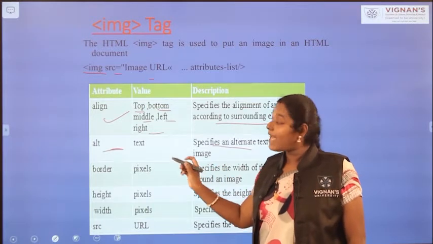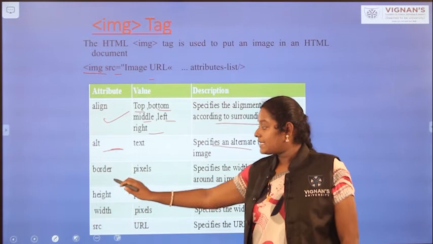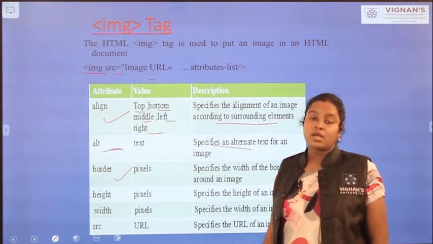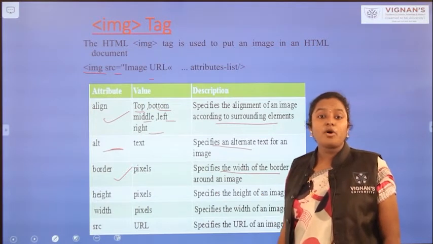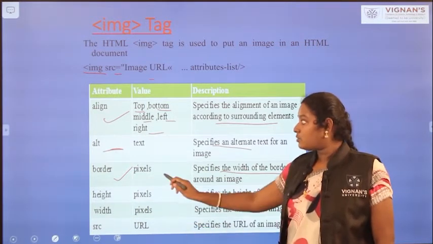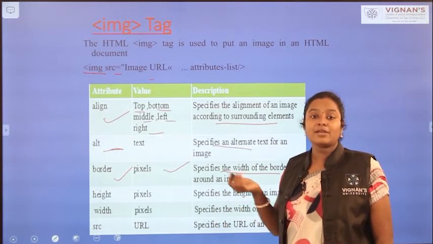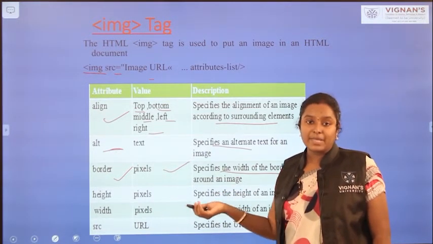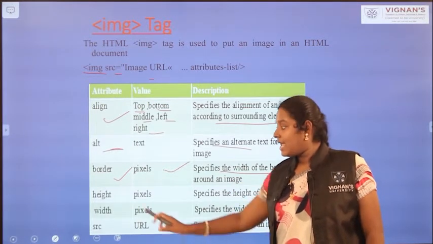For that I use ALT, an alternate. Next one is the border attribute. Its purpose is to specify the width of the border of an image. The value for the border is some pixels, like 250 pixels, 350 pixels; like that you can give values to the border attribute.